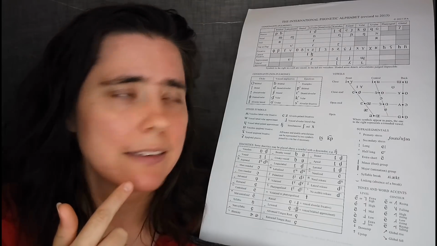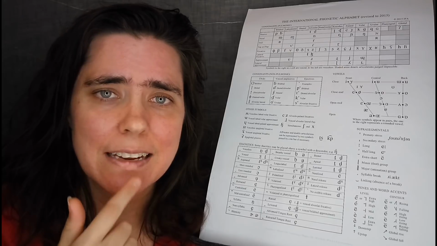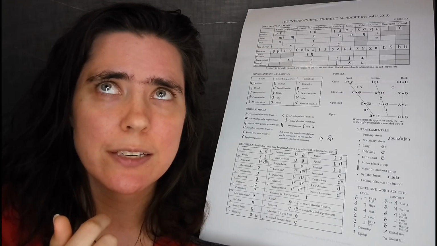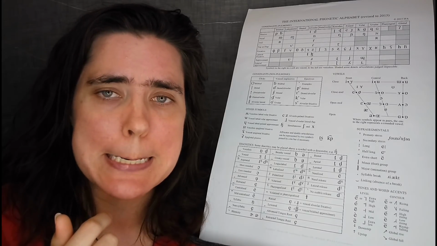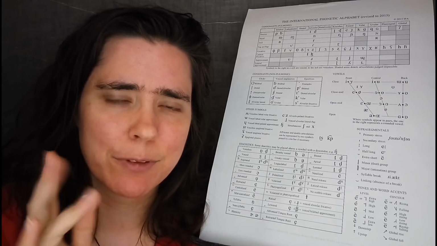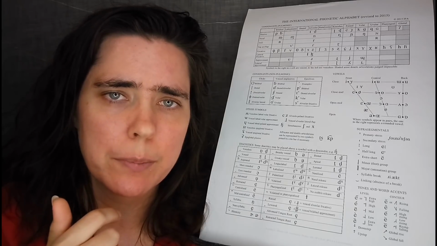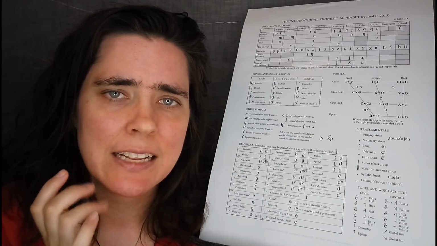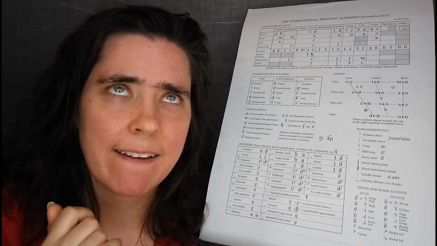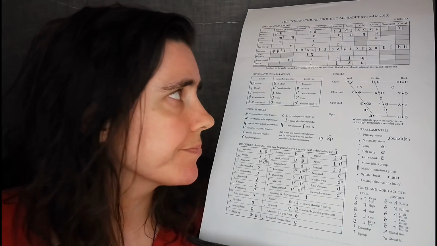If you have a labiodental, it's generally the top teeth coming down onto the bottom lip, like that. Such as an F, and so on.